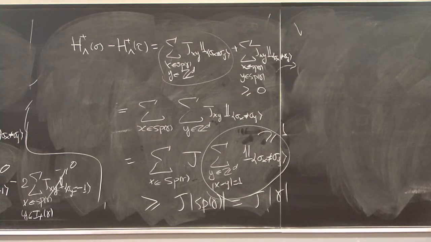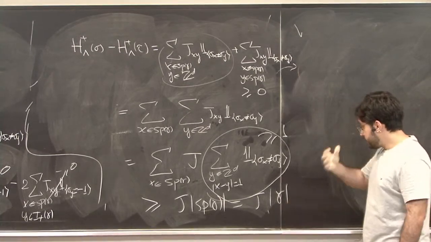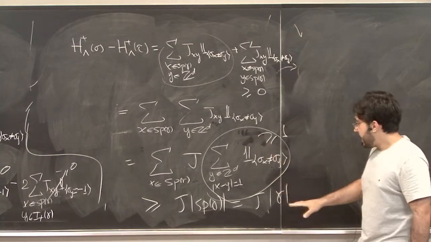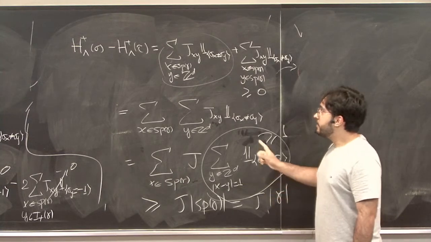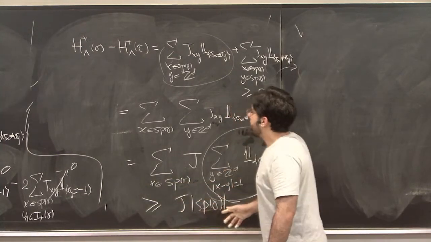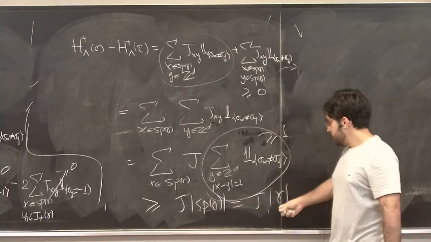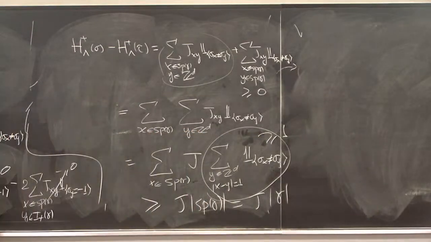If you have a configuration that has some contours and want to create a given contour, then this quantity is saying that your system will have to have more energy, and the energy cost to create this contour will be at least J times the support of gamma.